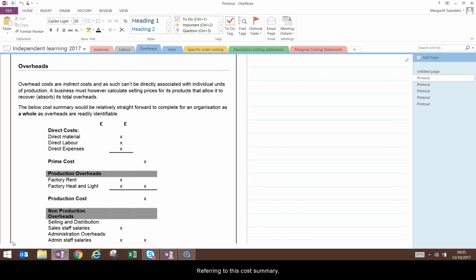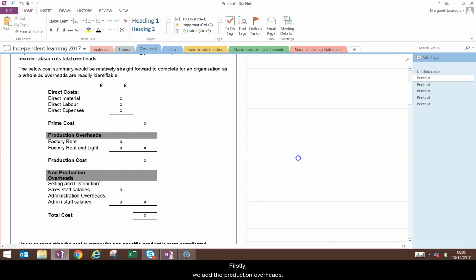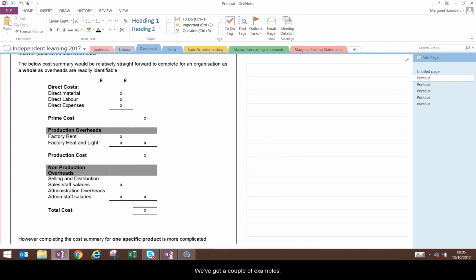Referring to this cost summary, we can see that our prime cost is made up of our direct costs, so that's direct material, direct labour and direct expenses. And then we add our overheads. Firstly, we add the production overheads. We've got a couple of examples.